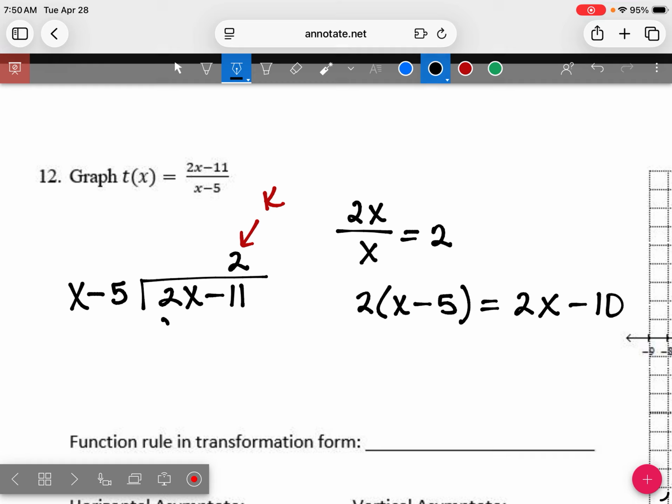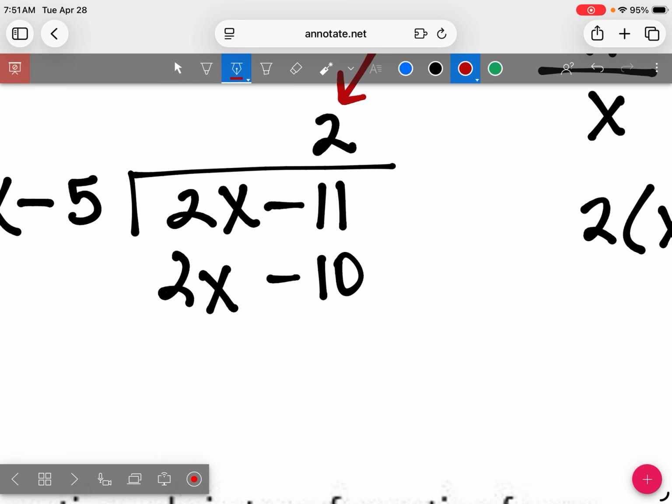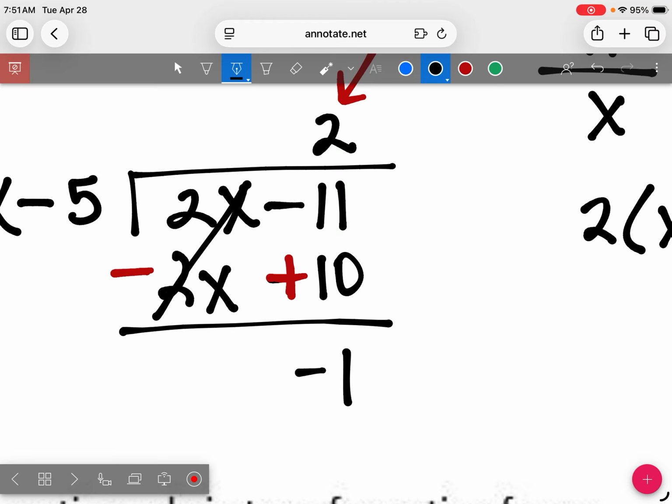So when I bring it over here, 2x minus 10, I have to change, which means I'm changing the positive 2x to a negative and the negative 10 to a positive. Negative 11 plus 10 is negative 1. That is your A value. So now we have a negative A.